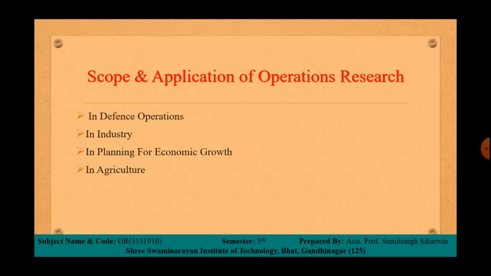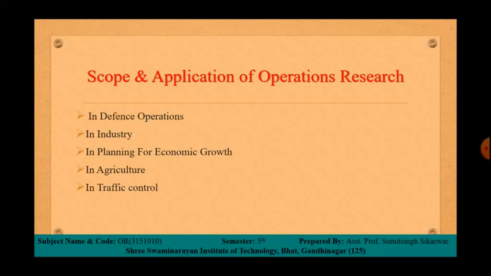Operation research can also be helpful in traffic control. In a country like India, where a huge population is available, due to the population explosion and the increase in the number and varieties of vehicles, road density is continuously increasing. Especially in peak hours, it is a headache to control the traffic.